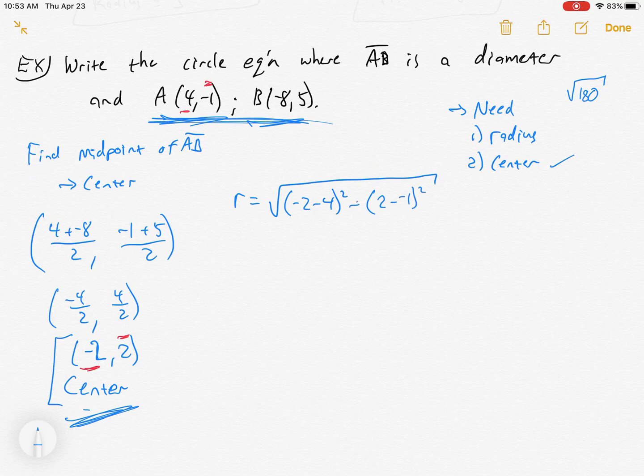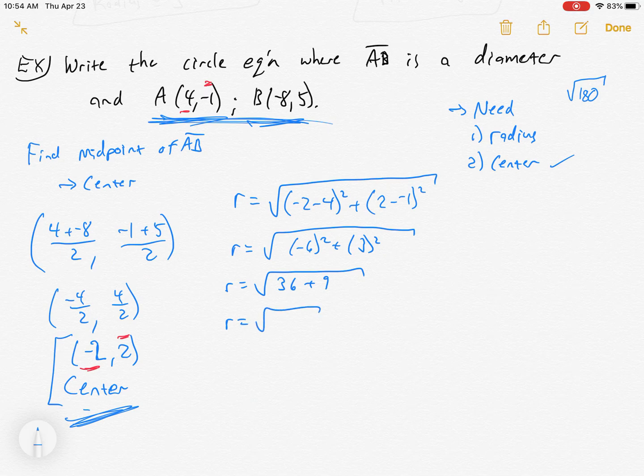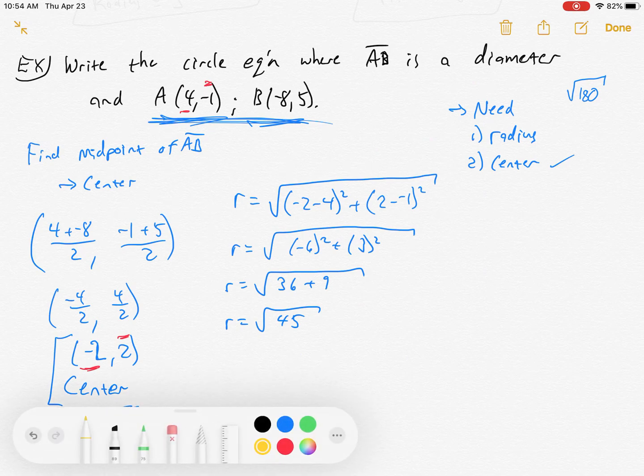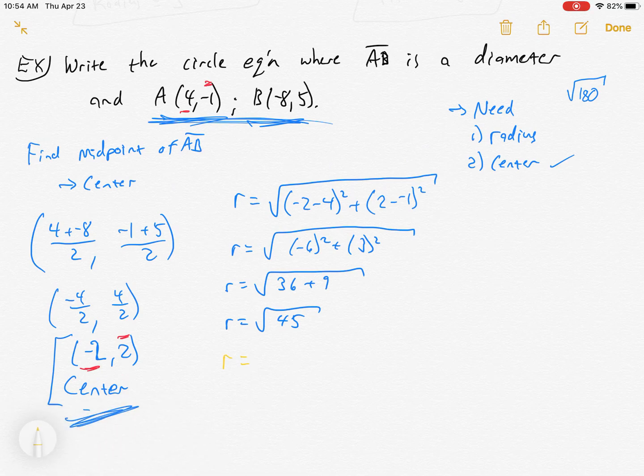Difference between the y's, which would be that and that. So 2 minus -1, add them together. So the radius is -6 squared and 3 squared, 36 plus 9, which is square root of 45.